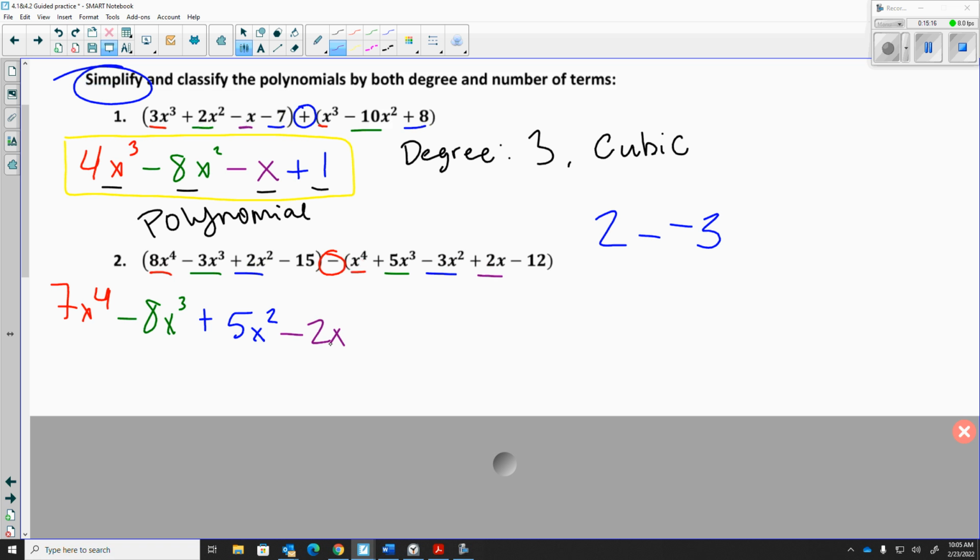Okay, we got one more. I need to redo a color. I haven't done black. I'll just do black. Negative 15 minus negative 12. Negative 3. All right. I can't combine anything. I did all my pieces, so I'm done. What's the degree?